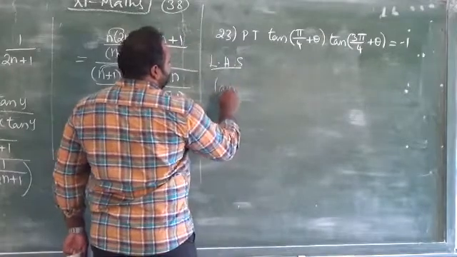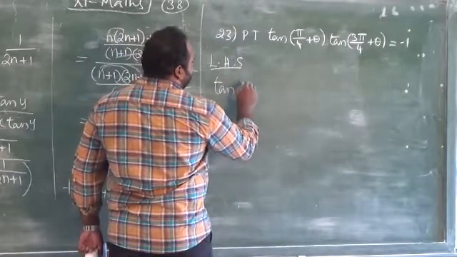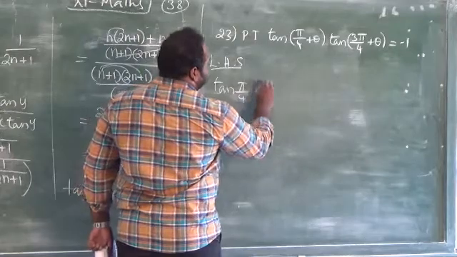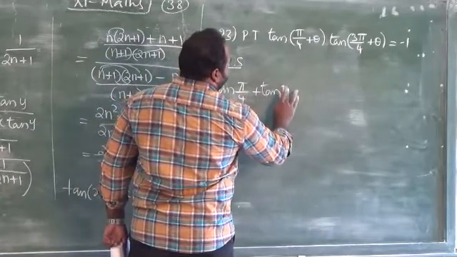So tan A plus B value is tan A plus tan B, B is theta here.